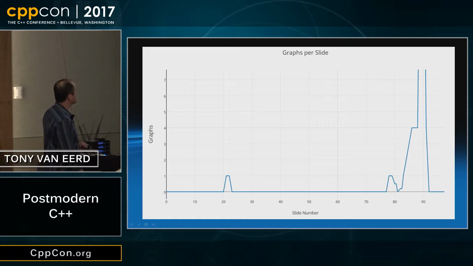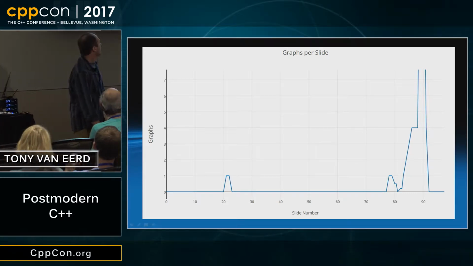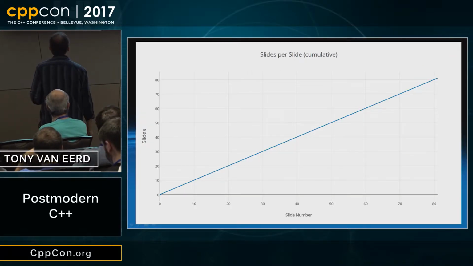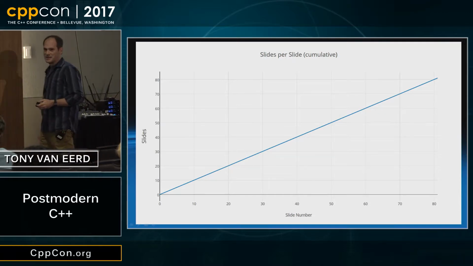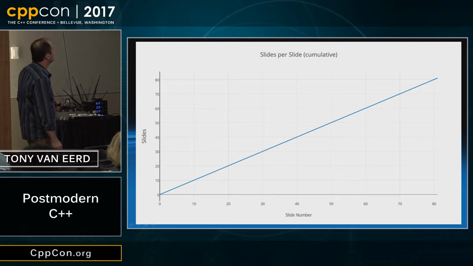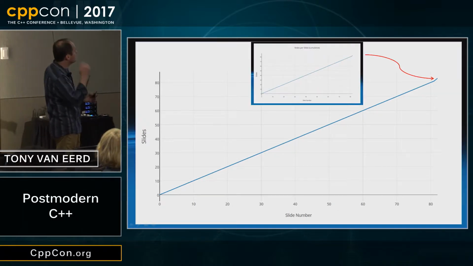Yeah, graphs per slide. We're down at the beginning of that thing there. Why is this? Slides per slide is linear, unsurprisingly linear. Until we get to here.